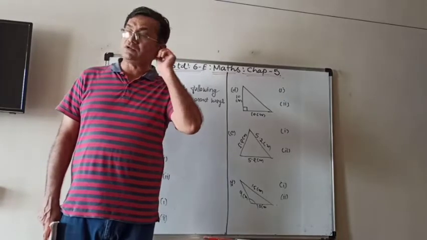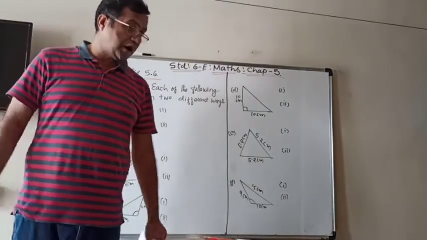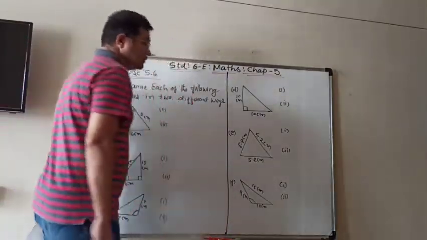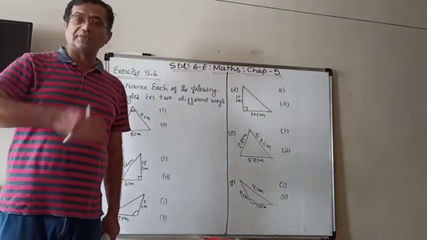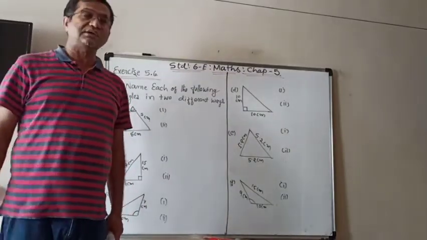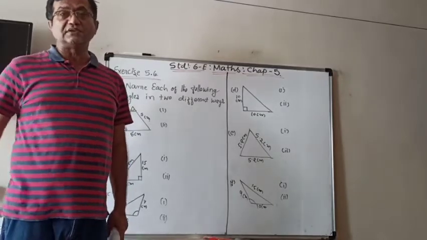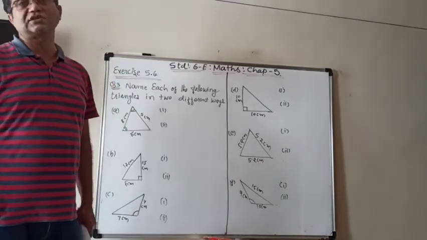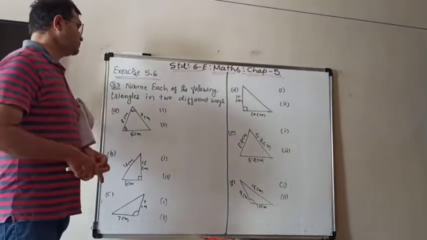So we have to write down the name of the triangles by both ways. So we have to observe carefully. In some of them the sides are given, in some there are some signs made. So according to that, we have to write down the name of the triangle.